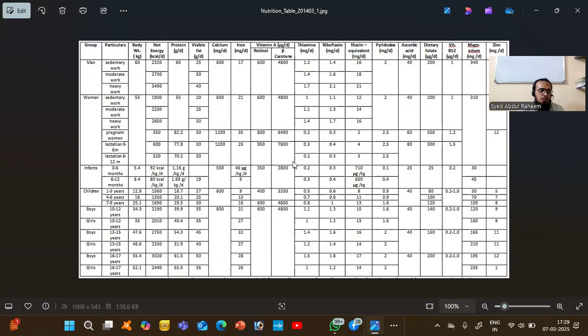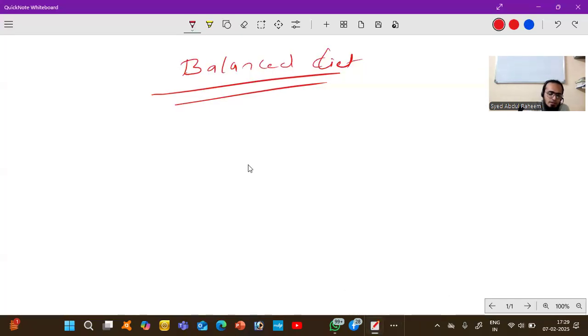So basically, if you follow this, good, but there are limitations of this guideline. What are the limitations? I will explain, and what we have to do.